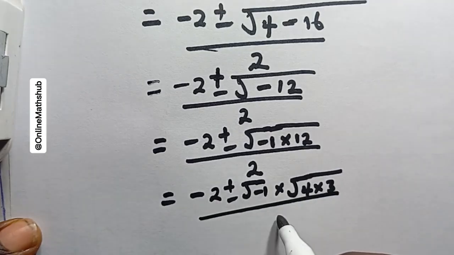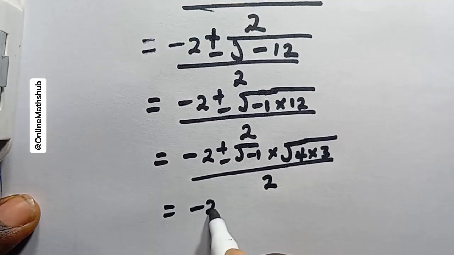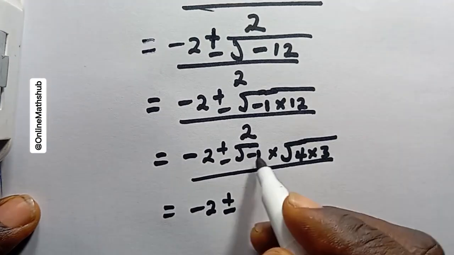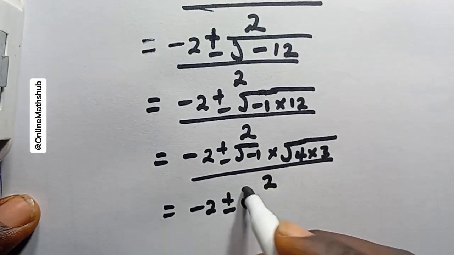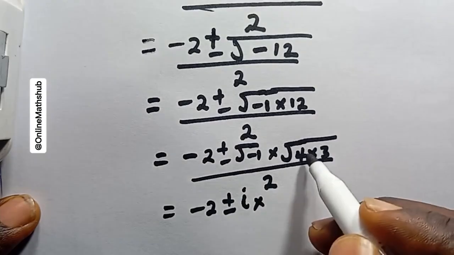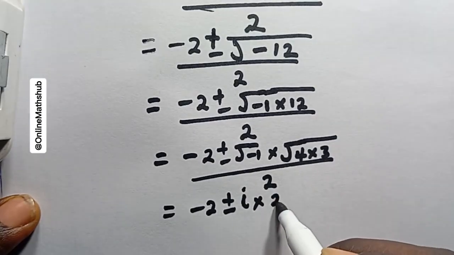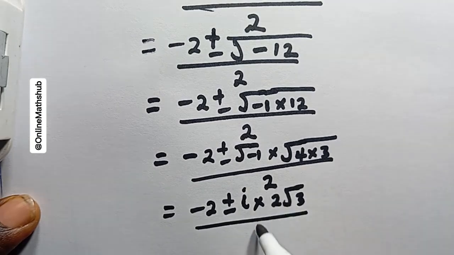All of these will be divided by 2, and then if I proceed, this will be equal to negative 2 plus or minus root negative 1, which is equal to i, the complex value i, and then multiply by root 4 here, which is 2, and then 2 times root 3, all divided by 2.